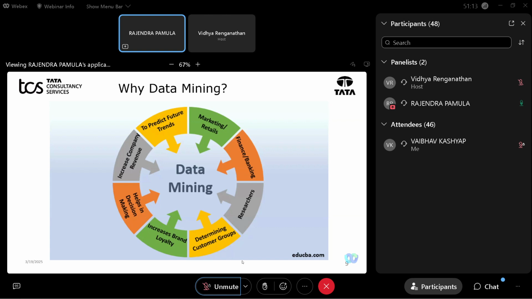Determining customer groups, determining research groups, and finance and banking, predicting future trends, increasing company revenue, helping decision making, and there are many more like we have here.